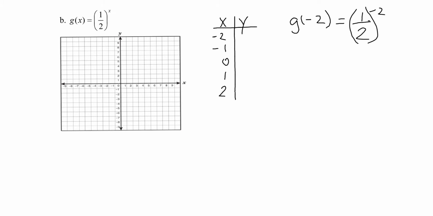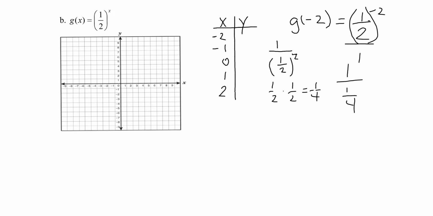Or think of it this way, if you want to think of it as one big giant fraction. When we do the reciprocal, we'll get 1 over 1/2 to the second, which 1/2 to the second power is going to be 1/2 times 1/2, or 1/4. So I have 1 over 1/4, which is really 1 divided by 1/4.